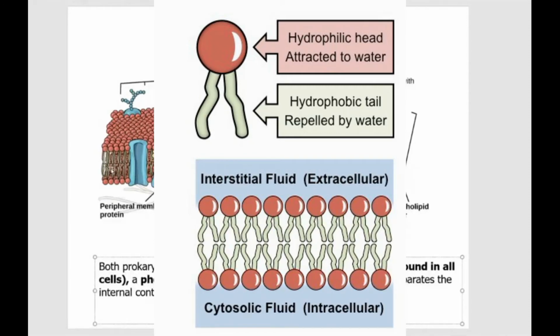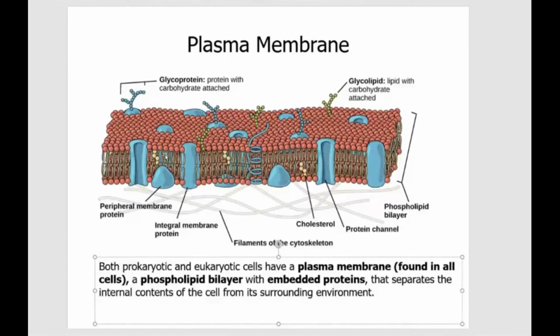They like to stay away from water, so they want to be on the inside. The polar heads contain a phosphate group, so they're polar and carry a negative charge. The polar heads love water, so the heads point out, on the exterior. That's the basic structure of the phospholipid bilayer.